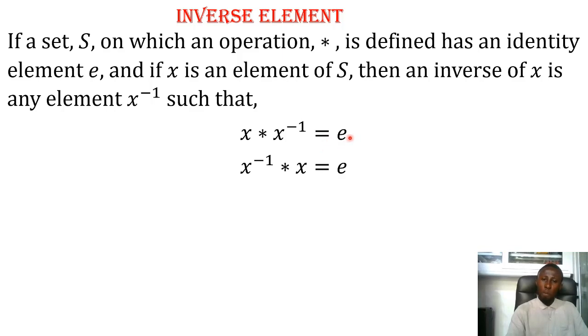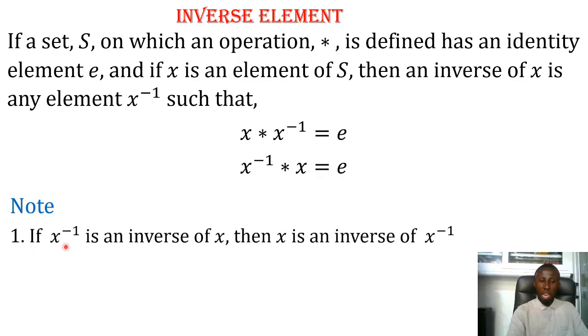Before you look for an inverse element, you have to know your identity. Or we are saying that the inverse of S star S will give us the identity. So if you check them, we still get the identity element.